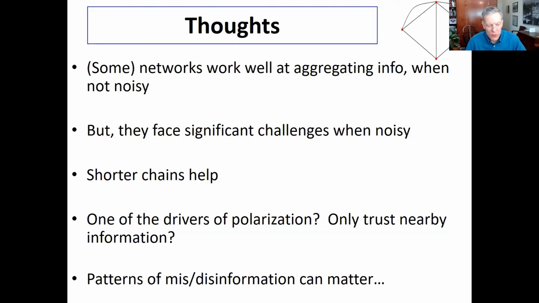This could be true even in a human network, not mediated by a designed platform: if you only trust things that came from people close to you, then the only information you're going to get is from people close to you. And if those people are similar to you, you're not going to get very diverse information.